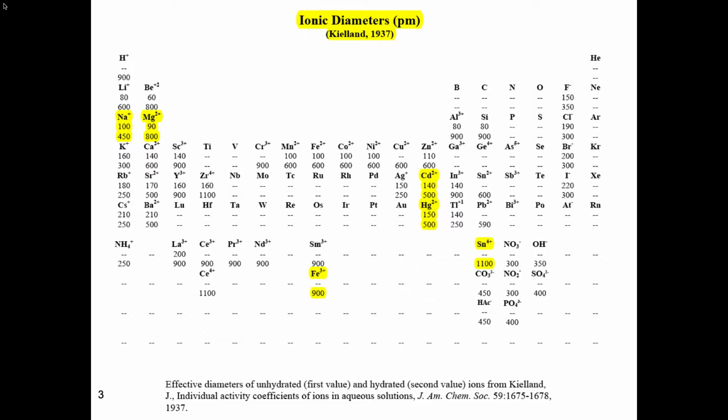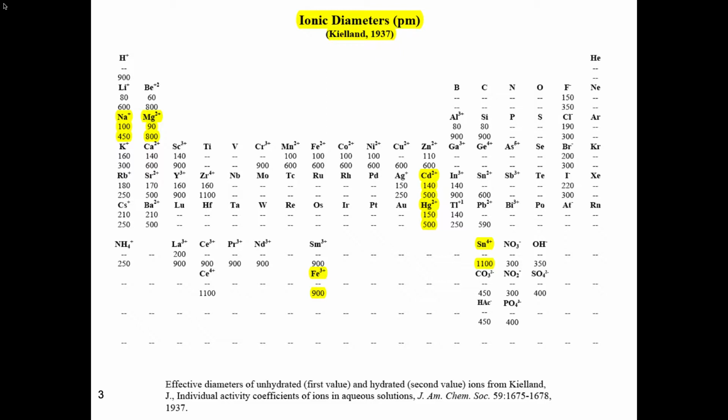And the high charge density of lithium gives it a high value of hydrated ionic size. So the high charge density of a small ion like lithium attracts a lot of water around it. And the hydrated size, for example, of cesium is not too far different from its dehydrated size, indicating that once that +1 charge is spread out over a much larger region in space, the ability of cesium to attract water of hydration is much reduced.